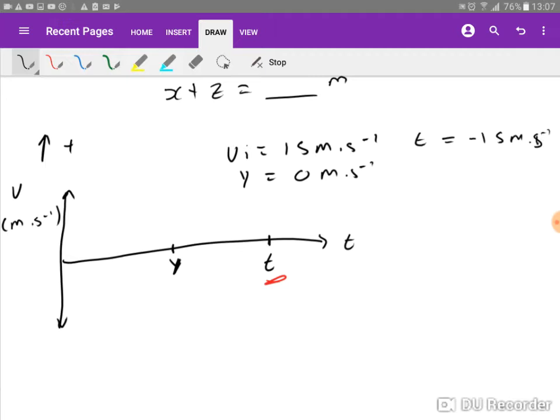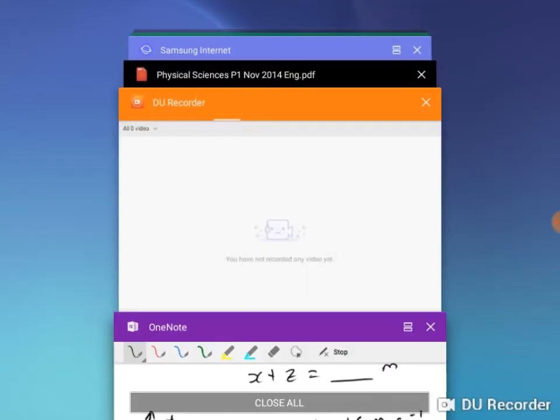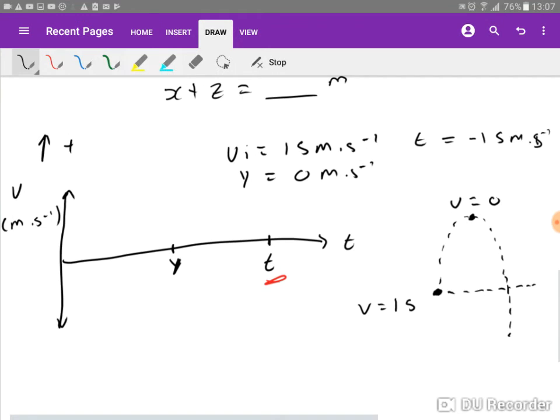So remember what I said at the beginning. We project the ball up at an initial V equals 15. It reaches its max height, and at its max height, we know V is equal to 0. And when it returns past its starting point on its way back down, its V is equal to negative 15, right?